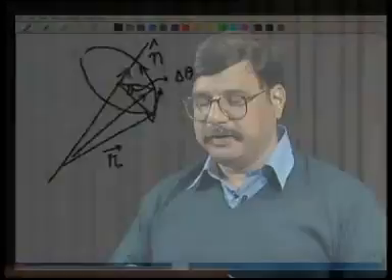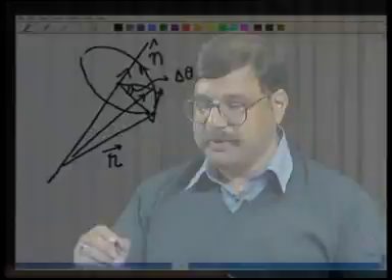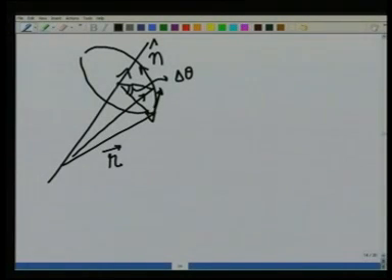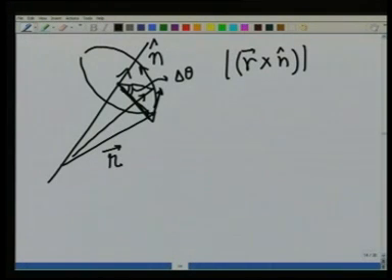For very small angles, this change can be written as, this length is going to be the magnitude of r cross n, because this length is nothing but the sine of this angle, which is nothing but the magnitude of r cross n. This direction is perpendicular to this, and you can see that this is actually the n cross r direction.